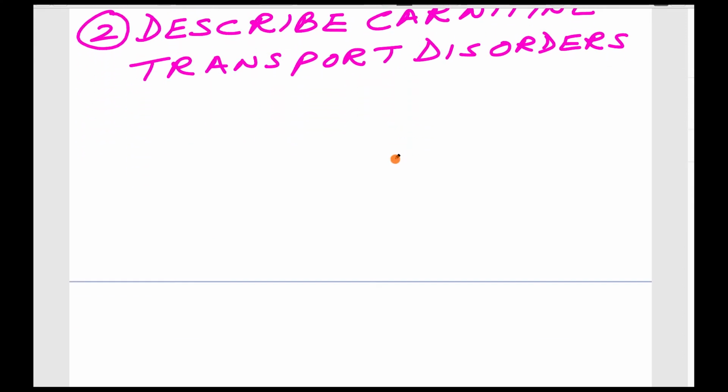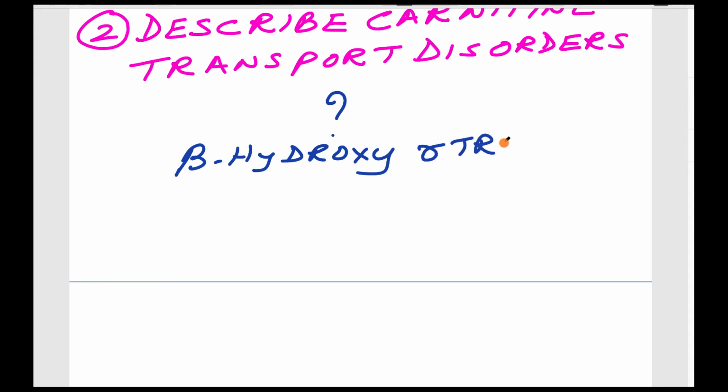Before that, we shall know what is carnitine. Carnitine is beta hydroxy gamma trimethyl aminobutyrate.